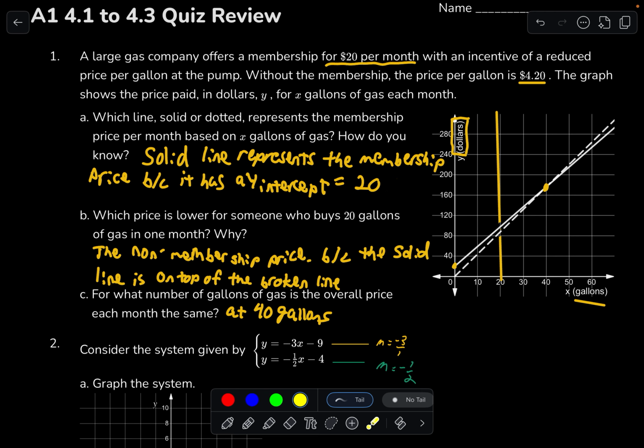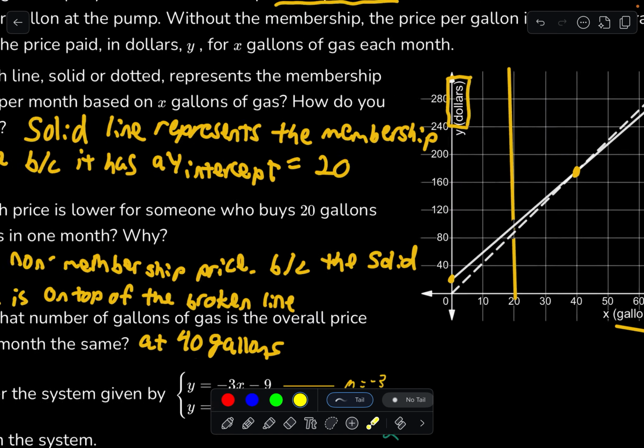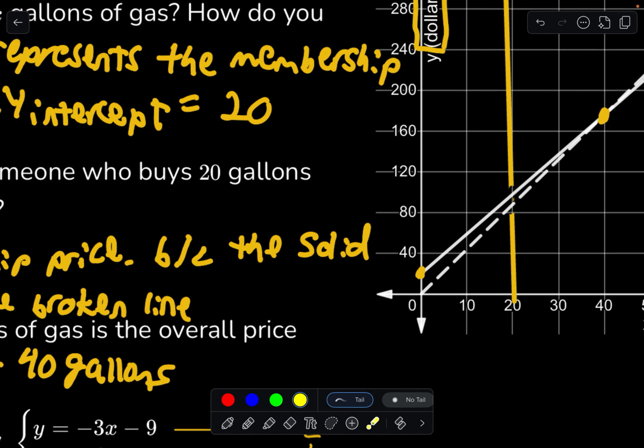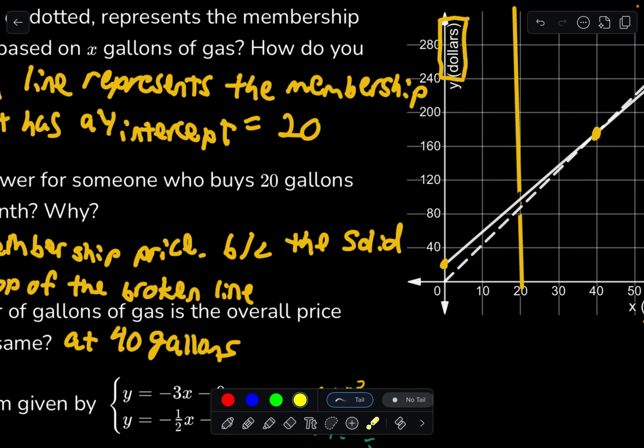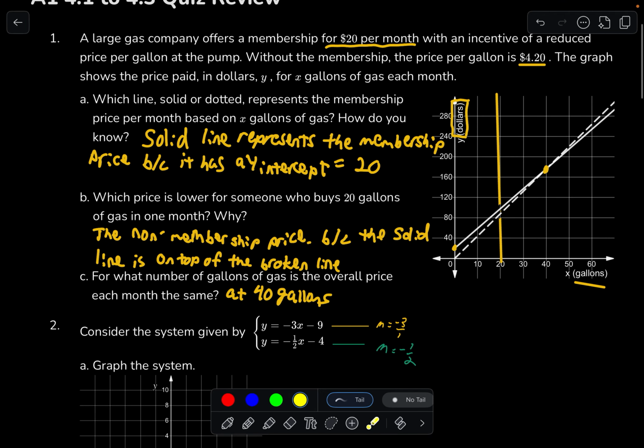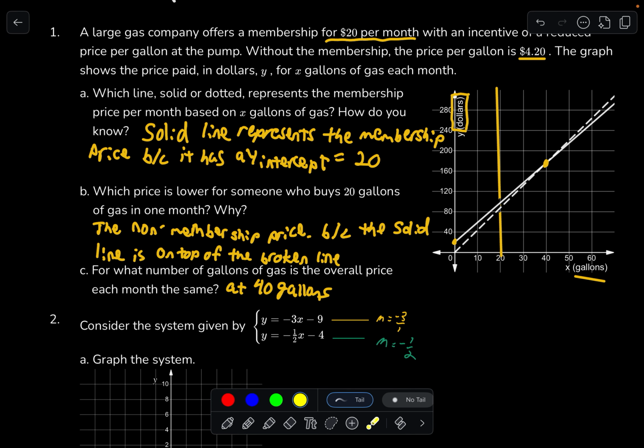So the non-membership price is what someone pays the least amount. It's not by a heck of a lot, but it's by a few dollars, all right? Because the solid line is on top of the broken line.